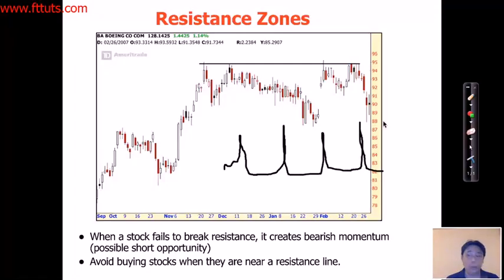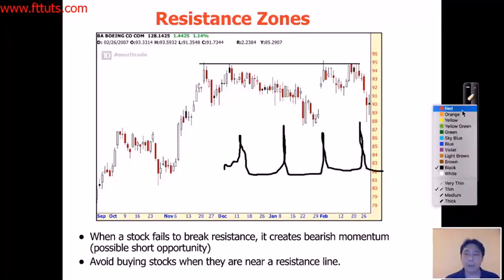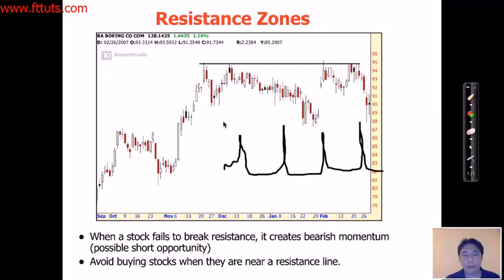Now, the question is, where do we draw the line? Do we draw the line at the extreme point, say here where it touches 1 point, or do we draw it here? Now again, this line is supposed to be straight. So forgive my drawing. So A or B, where do we draw the line?